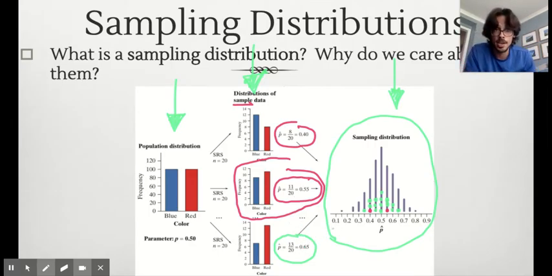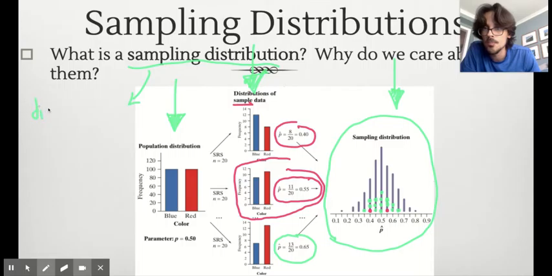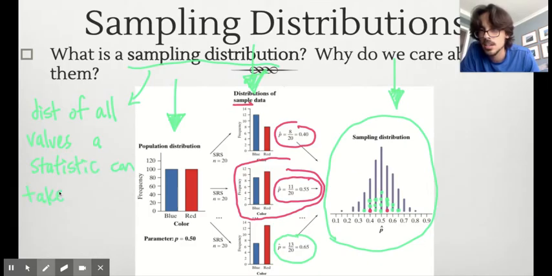So let me actually define a sampling distribution. A sampling distribution is a distribution of all values a statistic can take over all possible samples of the same size.